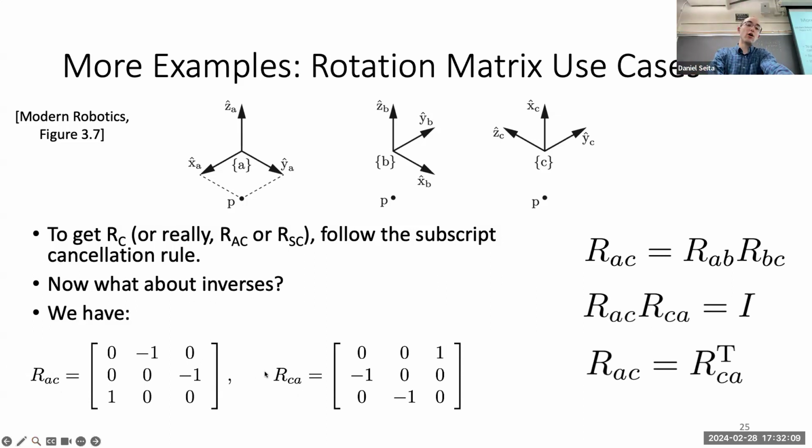So it's R_CA. To see why that's the case, R_AC is the orientation of frame C relative to frame A, but R_CA is the orientation of frame A relative to frame C. And then you just transpose it, so the negative one goes in the place where you flip them by the diagonal.